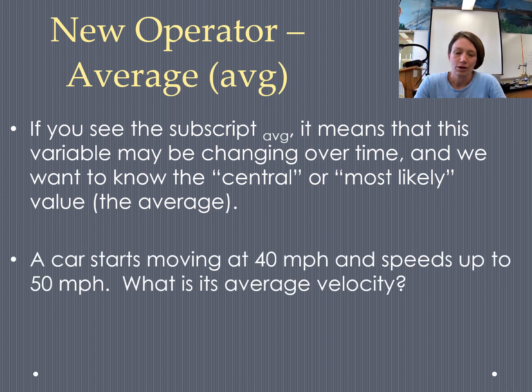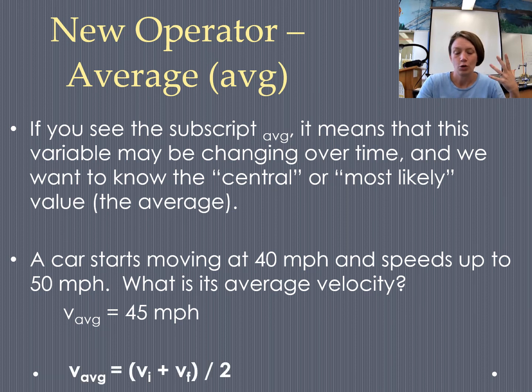So for example, if you have a car driving out of state somewhere and you start at 40 miles per hour at the beginning of the trip, and you end up speeding up to 50 miles per hour, you might want to know what the average speed over the course of the trip is. It's not quite as simple as this, but in general, it's like the value right in the middle. So the average value of 40 and 50, the value right in the middle is 45.